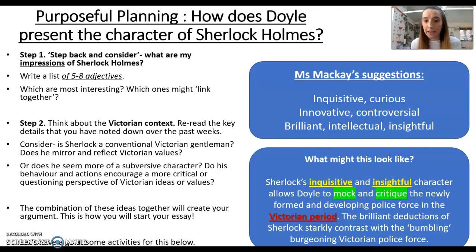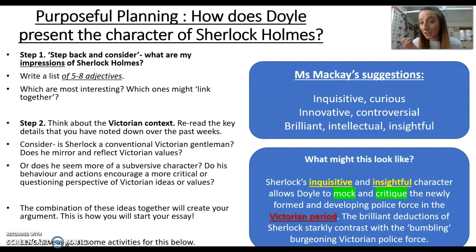So as an example here, I've chosen 2 adjectives and I've said: Sherlock's inquisitive and insightful character allows Doyle, the writer, to mock and critique, those are my 2 writer's intention verbs, the newly formed and developing police force in the Victorian period. The brilliant deductions of Sherlock starkly contrast with the bumbling, burgeoning Victorian police force.